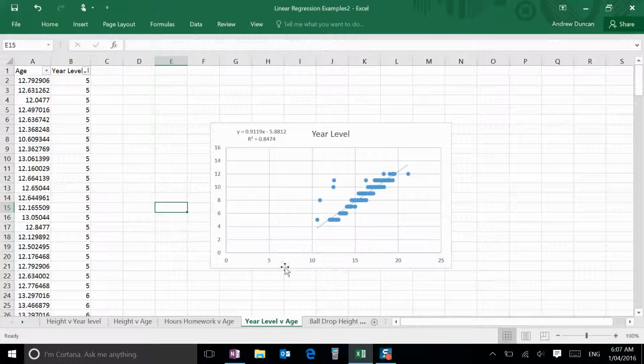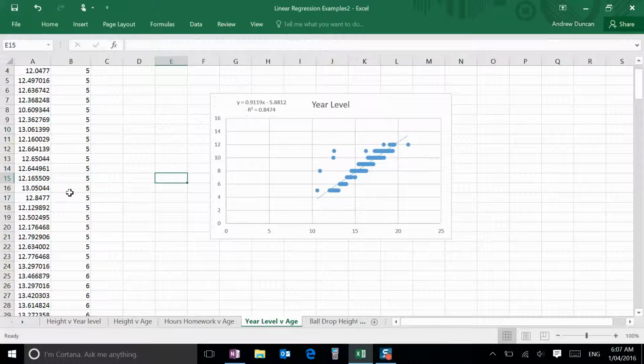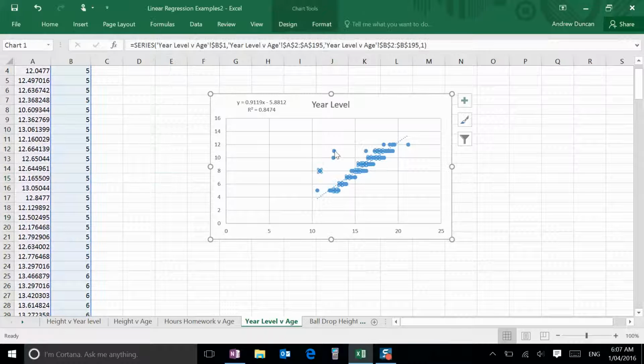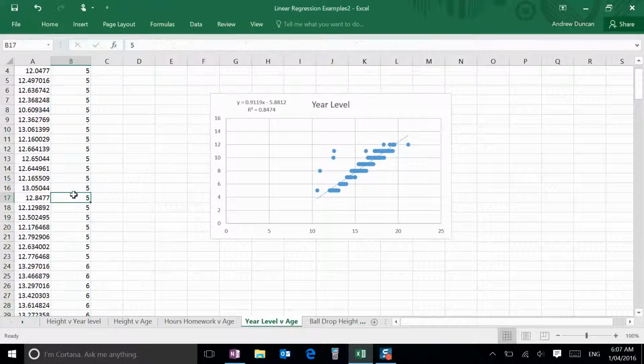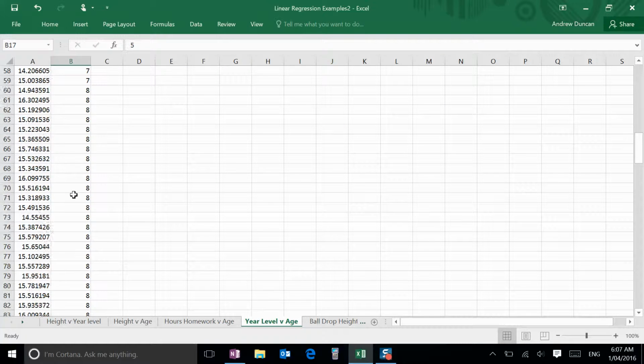Remember this is age on the bottom side. There's some outliers here. If I could remove these outliers, I'm just not sure where I'll find those exactly. So yeah, 8.